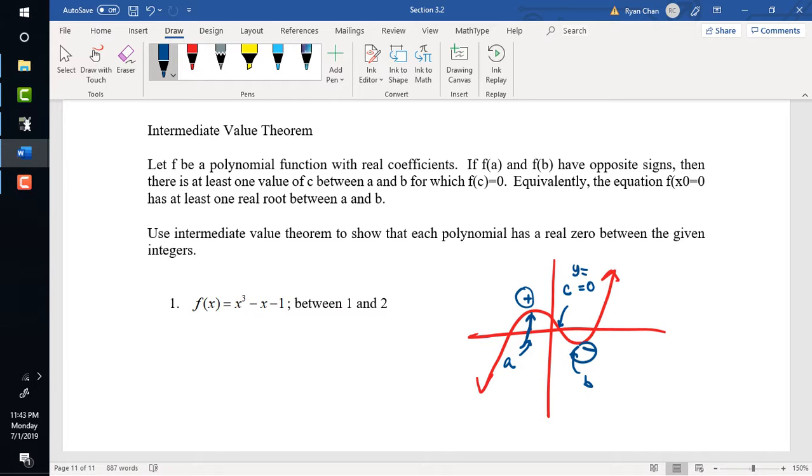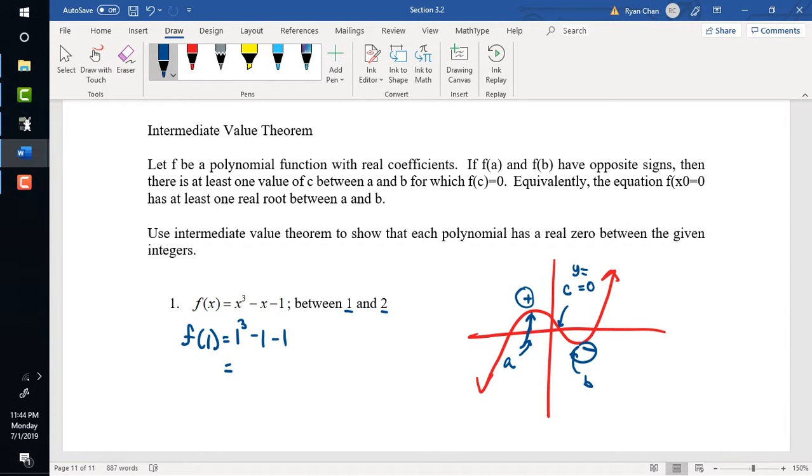So it says use the intermediate value theorem to show that each polynomial has a real 0 given the integers. All I have to do is plug in 1 and 2 and see if I have a real 0. If I plug in f of 1, this is equal to 1 cubed minus 1 minus 1.